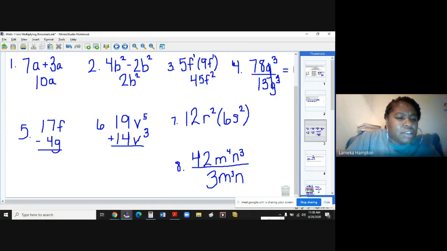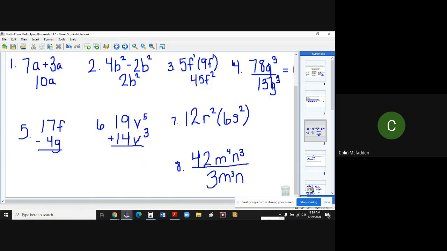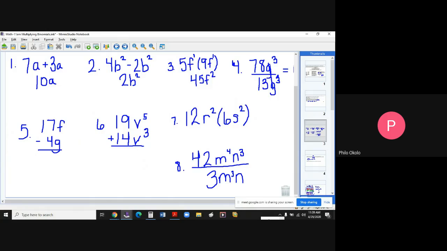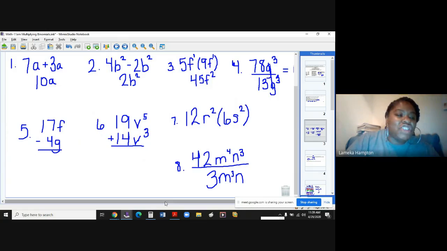But what is my answer to number 5 though? Nope. Ask yourself this question. I'm now dealing with unlike terms because I have an f and a g. Are they the same?